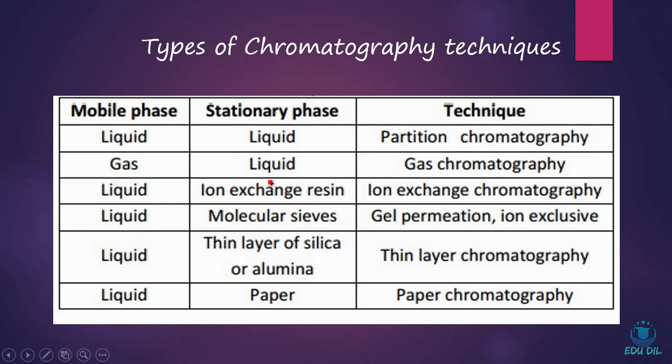The stationary phase may differ, but the mobile phase is almost always a fluid. These techniques have different terms. If you take the mobile phase as liquid and the stationary phase as liquid, that is called partition chromatography. Likewise, there are different terms: gas chromatography, ion exchange chromatography, gel permeation, ion exclusion chromatography, thin layer chromatography, and paper chromatography.